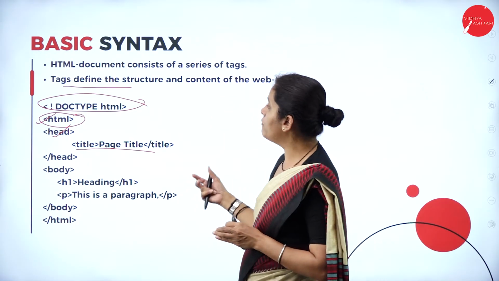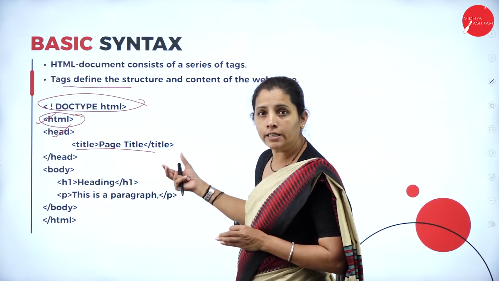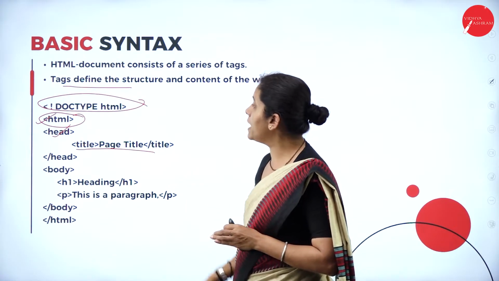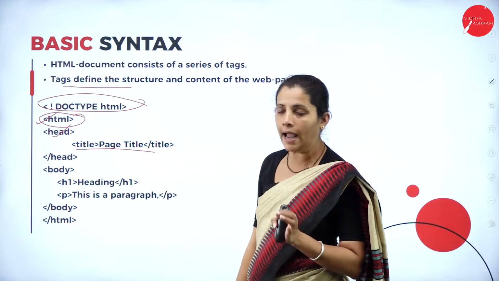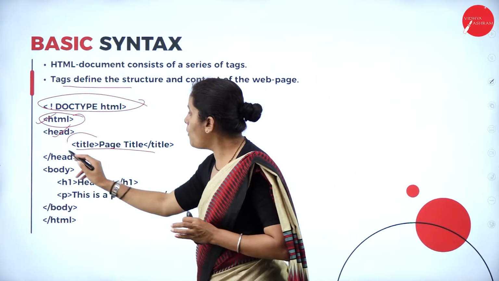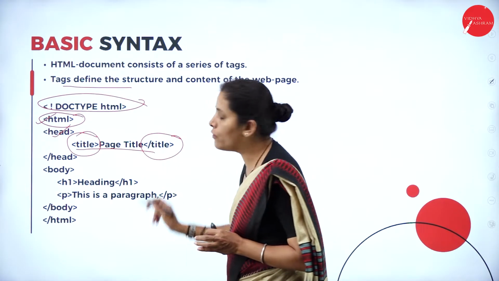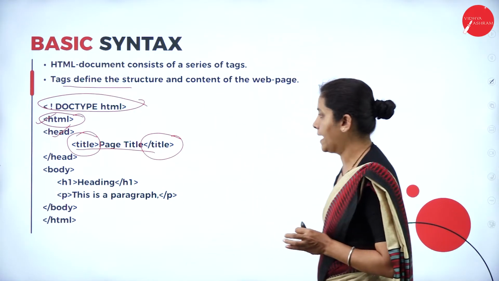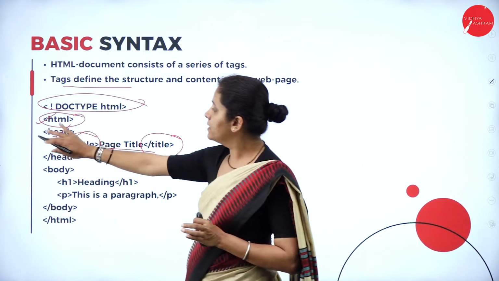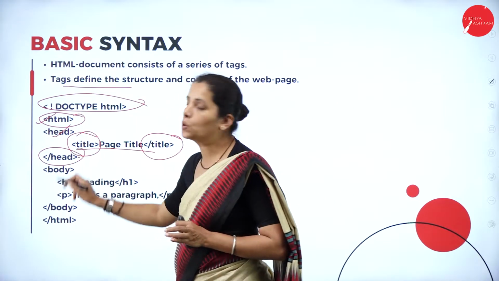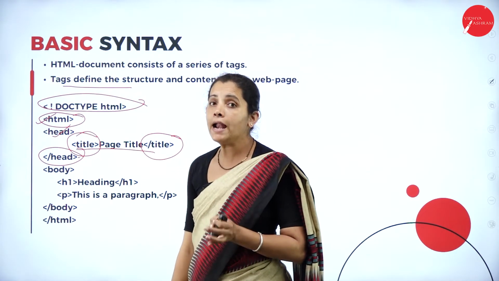For example, if I want to give the title to my web page, where do I write it? In my title tag. So, this is the opening of the title tag and this is the closing of the title tag. Okay, fine. See, now what I want to do? I want to close the head tag.